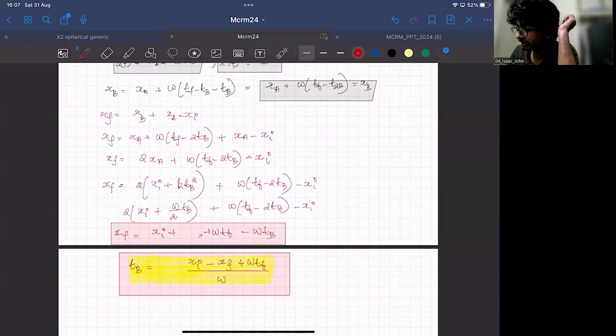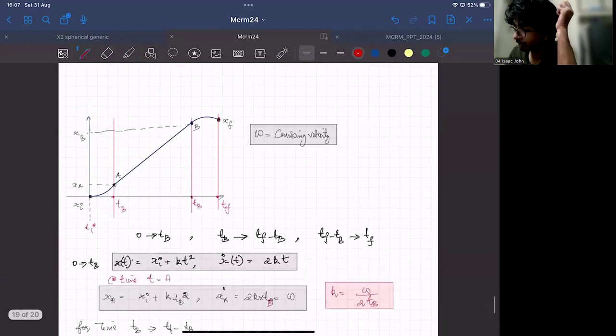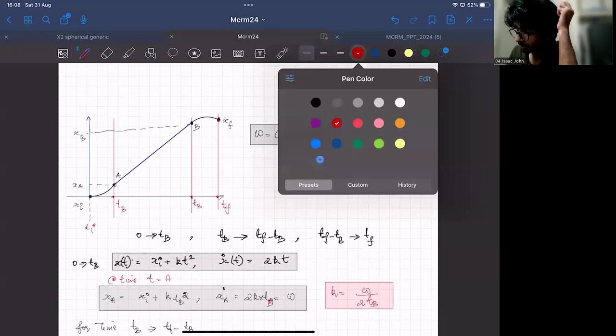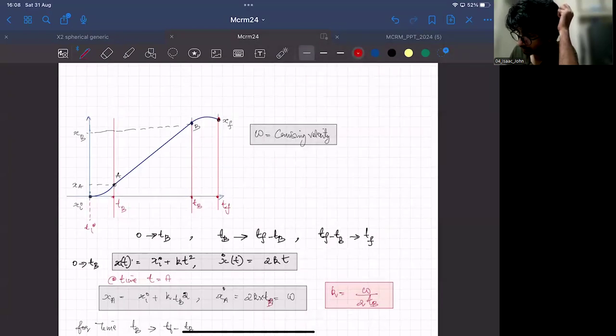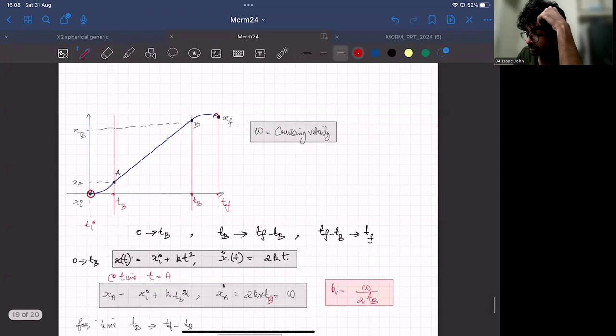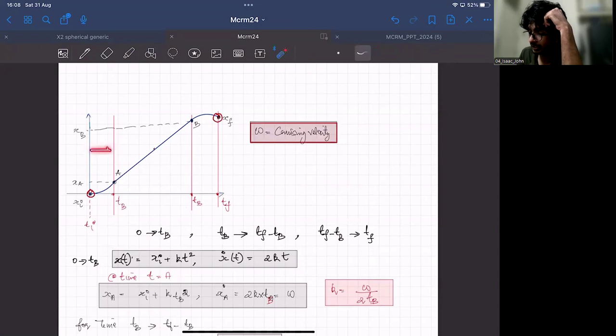If you are given this initial position, a desired final position, and you are also given this cruising velocity omega, then how much time is required for this initial blending and this final blending?